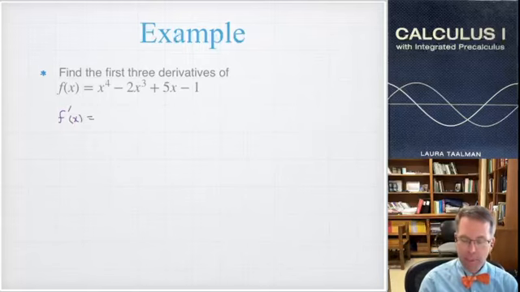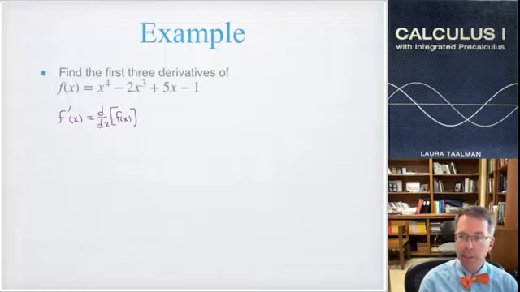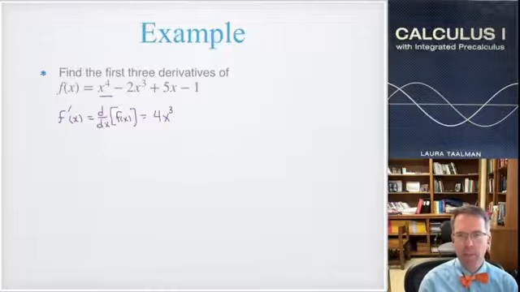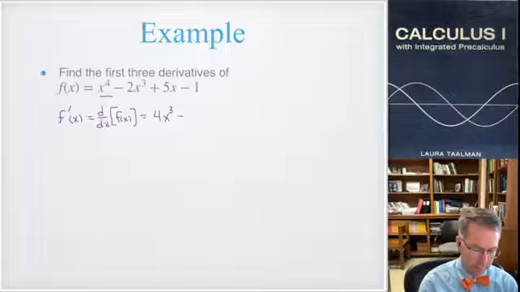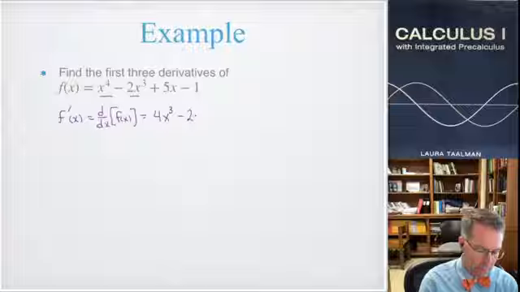I'm going to take the derivative of f of x, and so I'll just think on each term, right? x to the fourth has a derivative from the power rule of 4 times x cubed. And negative 2x cubed, its derivative will be negative 2 times the derivative of x cubed. So our next term is negative 2 times 3x squared.